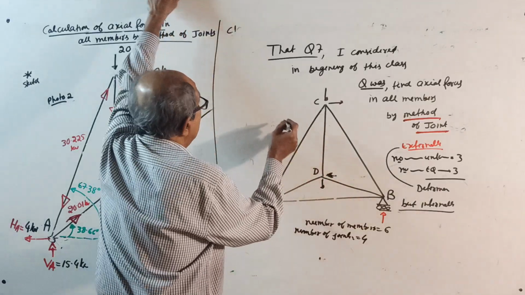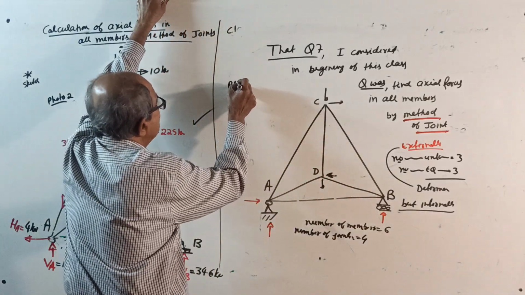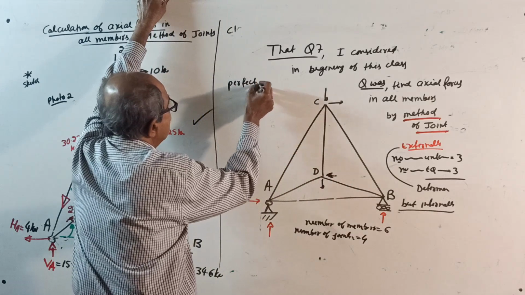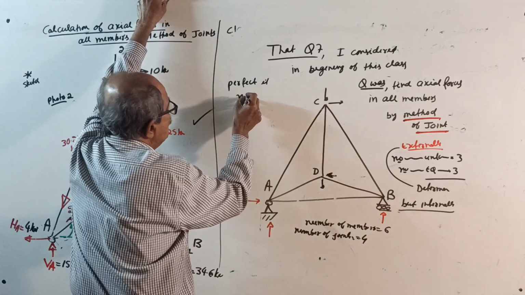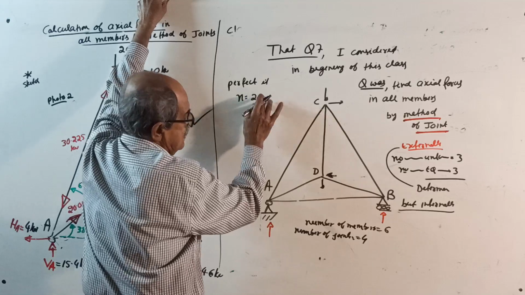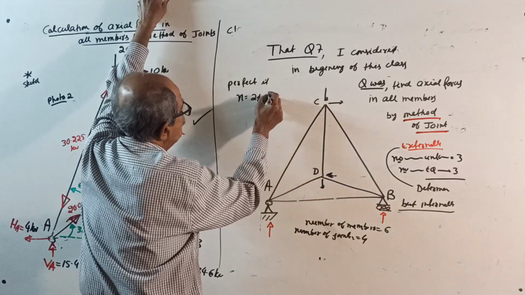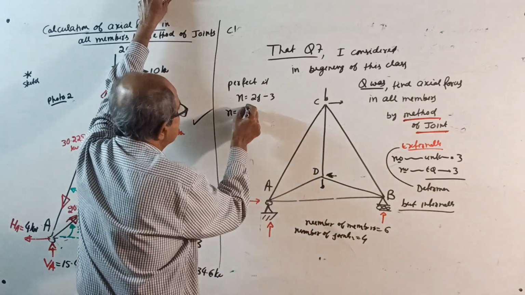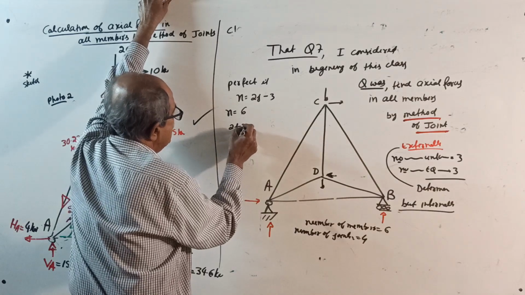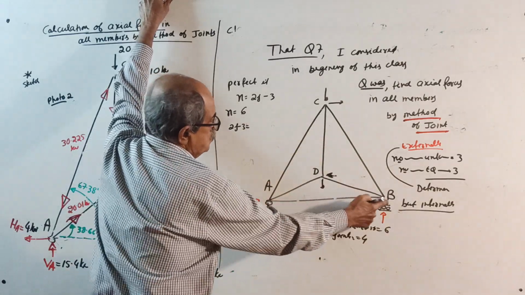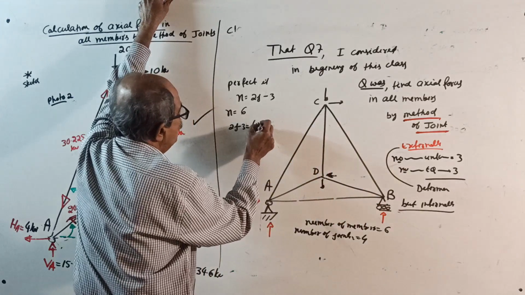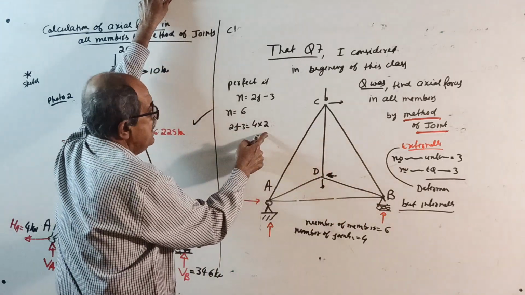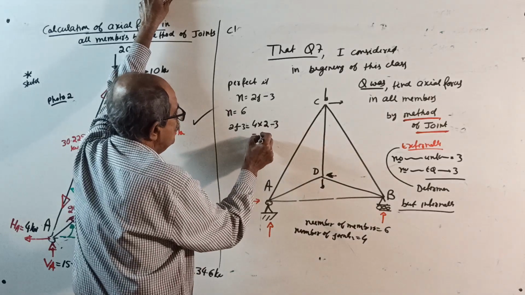Next, right here, if it is a perfect frame, n equal to 2j minus 3. I told you earlier, n equal to 2j minus 3. Here, n equal to how much? 6. 2j minus 3 is 1, 2, 3, 4 joint. 4 into 2 is what? 8 minus 3 equal to 5.